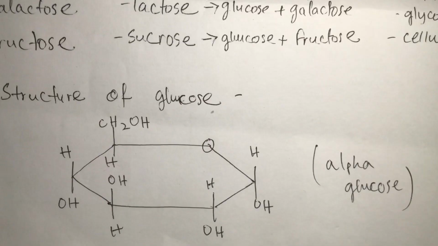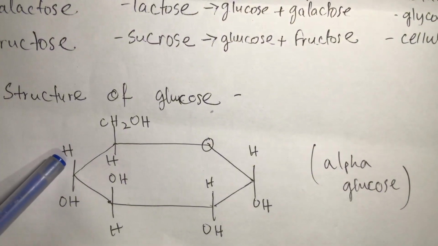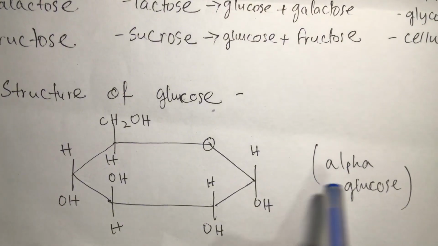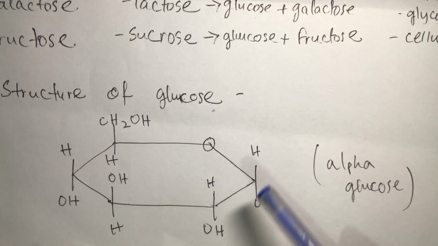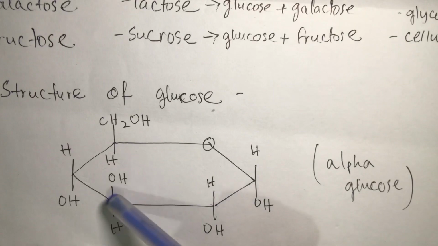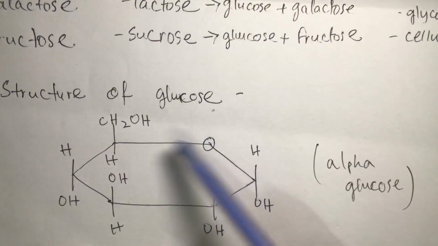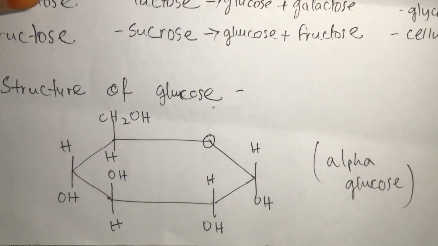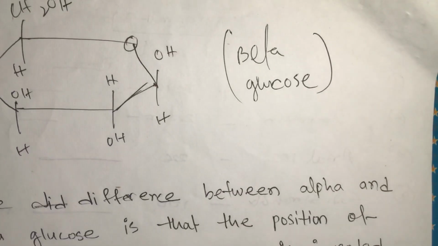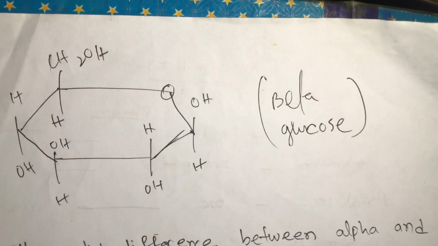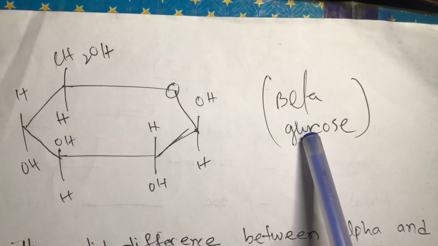So let's see the structure of glucose. This is one structure of glucose, and this is known as alpha glucose. See the bond, the HOH, the carbon over here, and it's bonded like this. And this is another structure of glucose, known as beta glucose.